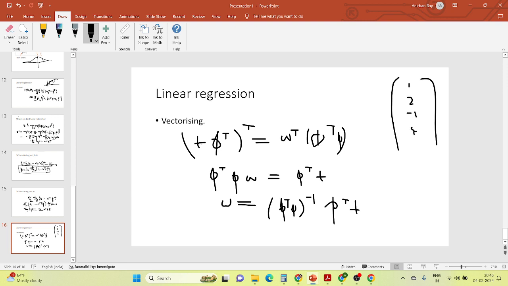Okay, t, and this phi transpose is like, let's see, how do I define this?